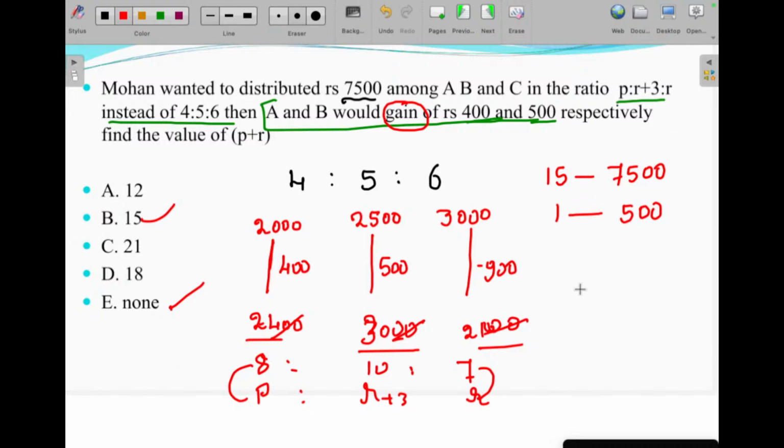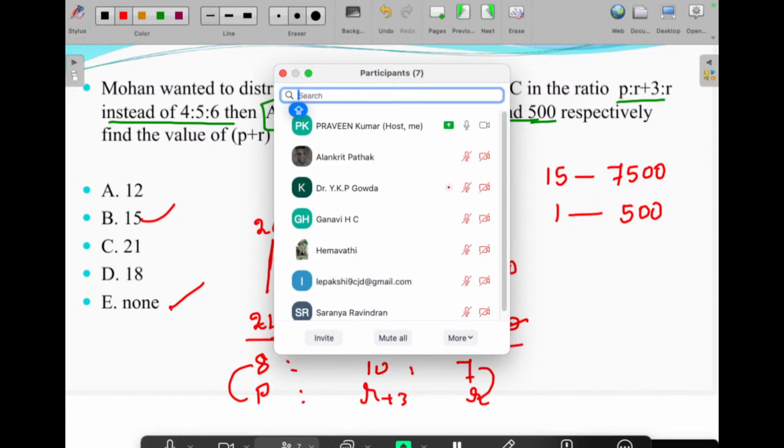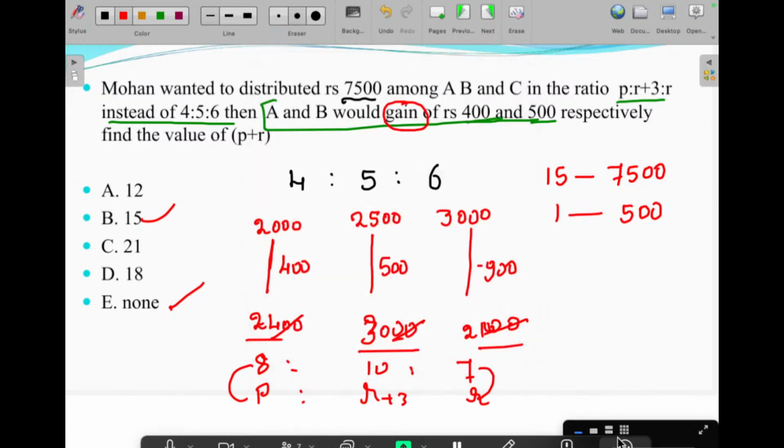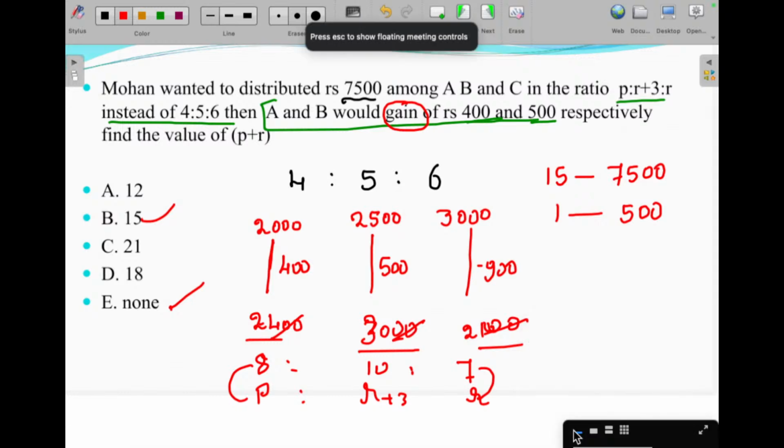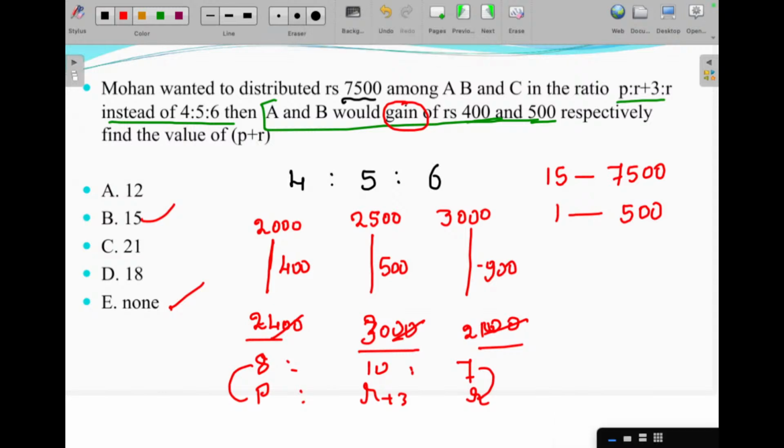Only students want to reply. Is it clear, Hemavati, Alankrit? Yes, sir. Sharanya? Yes. Okay. Understood? Clear? Fine.